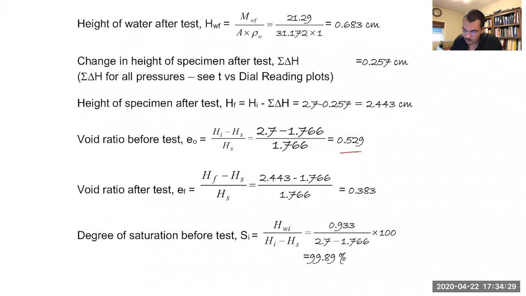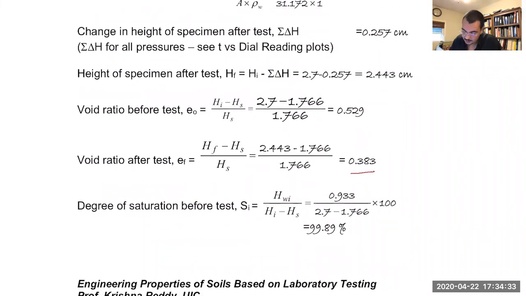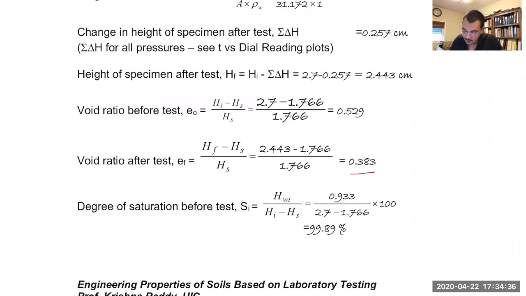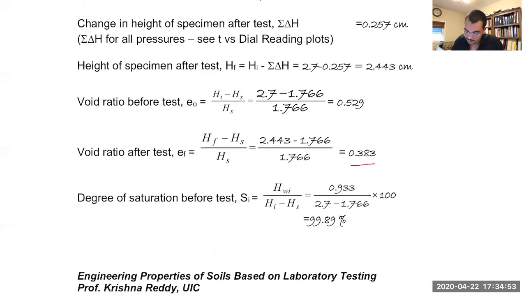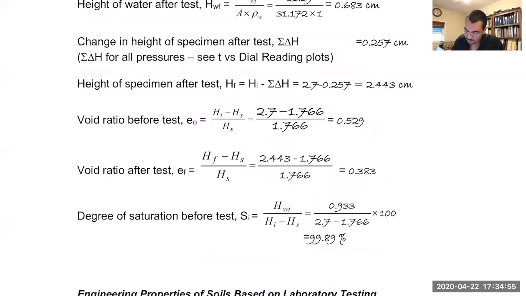And our void ratio after the test is the same calculation, except we're going to use the final height of the sample after it deformed. So this is the HF. This is the cumulative sum of all the deformations, and that's the height of our sample. And with that, you can calculate the void ratio after the test, because you have the height of solids.